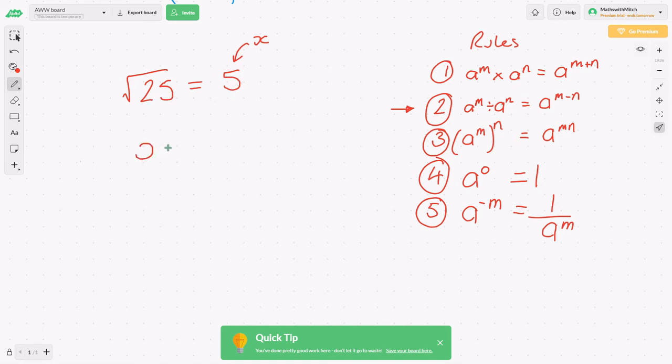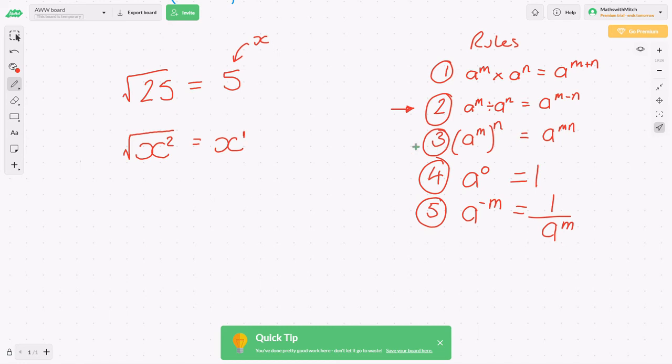So what I could say was x squared, which is 25, and then the root of x squared, and that would be equal to x. So that is the same thing written in terms of algebra as we've got in the numbers above. So if we square root something that's to the power 2, we get back to the original term. And that technically is x to the power of 1.